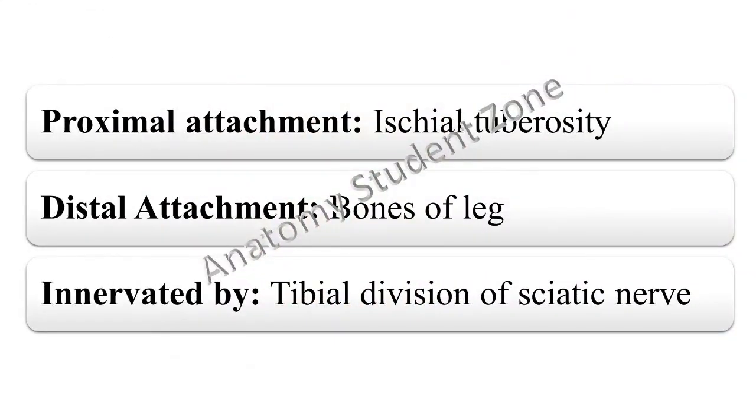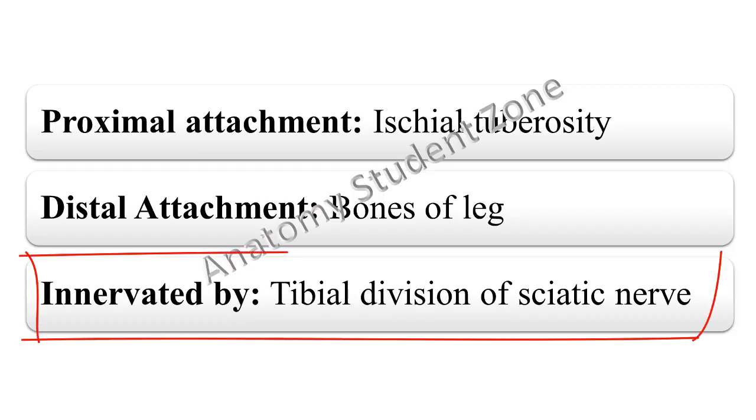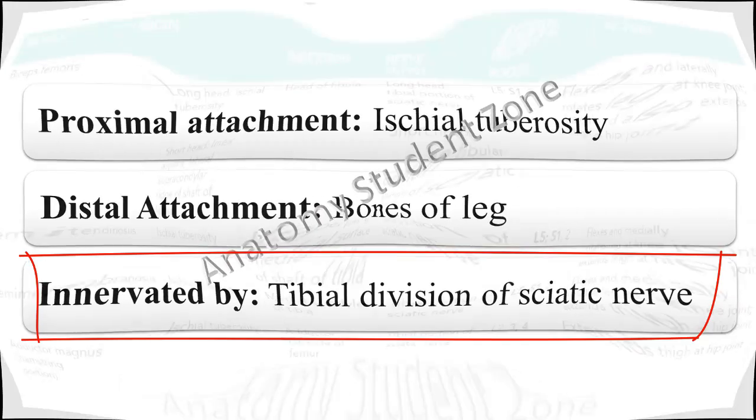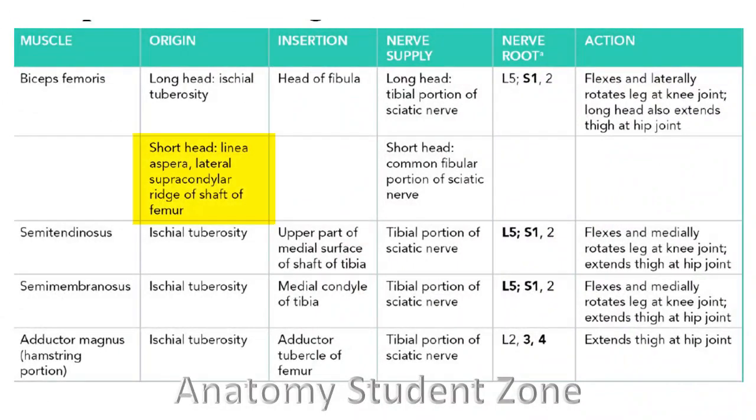Another point you should know regarding the muscles of the posterior compartment of the thigh is that the hamstrings, that are semitendinosus, semimembranosus, and the long head of biceps femoris, have a common nerve supply, from the tibial division of the sciatic nerve. We have seen that the short head of biceps femoris is not supplied by the tibial division of the sciatic nerve.